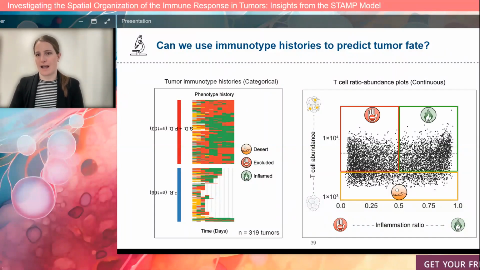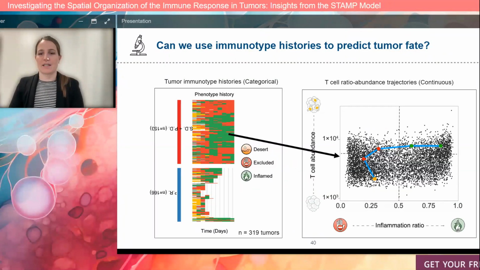And so as you can see here, the desert tumors have very low T cell abundance. An excluded tumor would have a low infiltration ratio, but a high T cell abundance. And then the inflamed tumors are high infiltration ratio, high T cell abundance. And we can plot each individual tumor as it traverses this new state space.